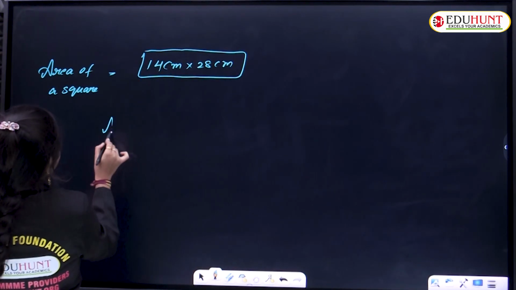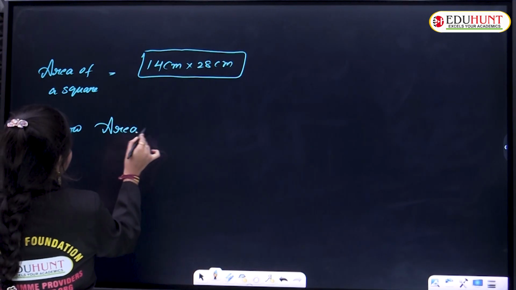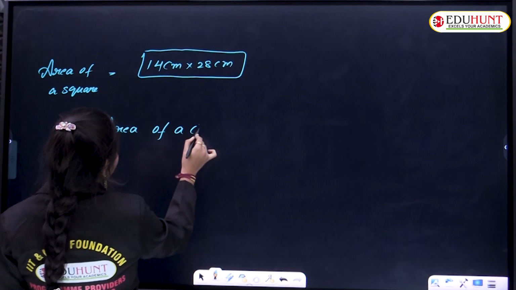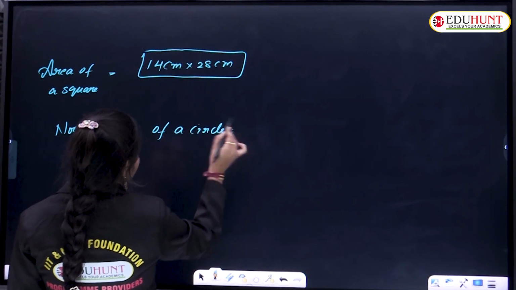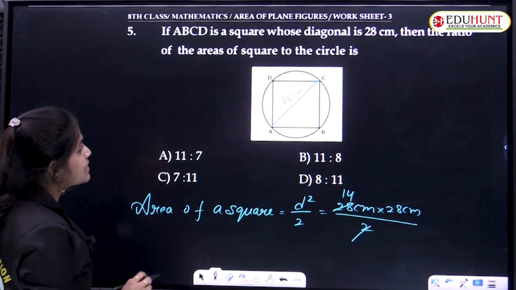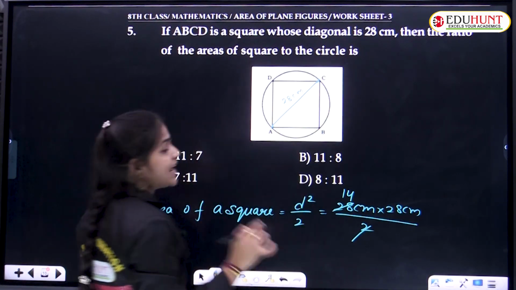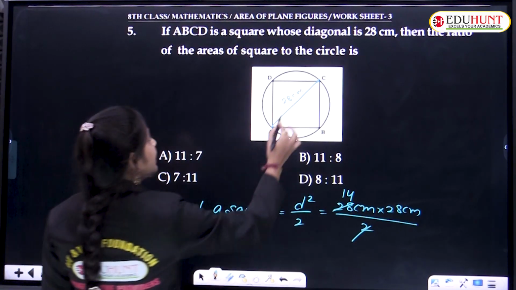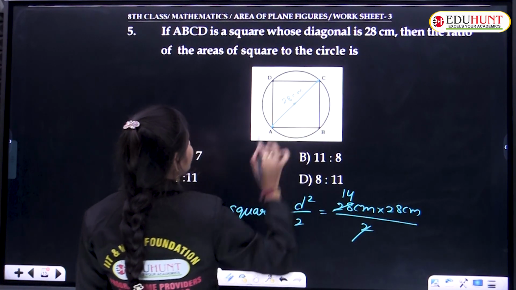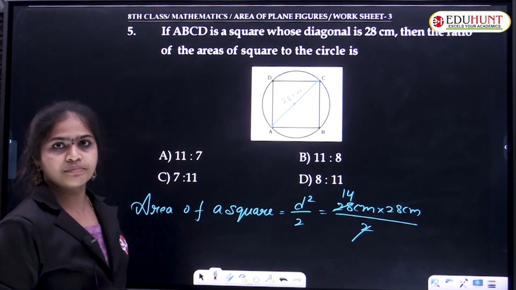Now, area of a circle, which is equal to pi r square. That is the area of a circle. Here, AC is the diameter of the circle. AC is passing through the center of the circle.